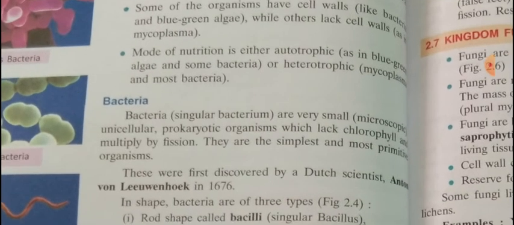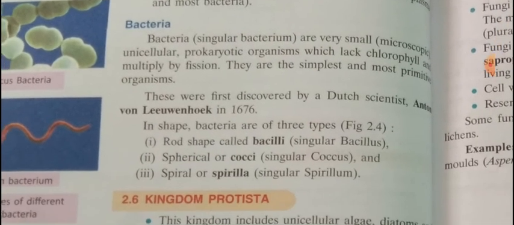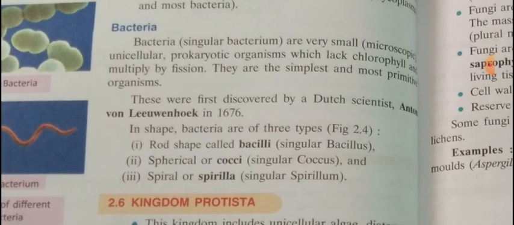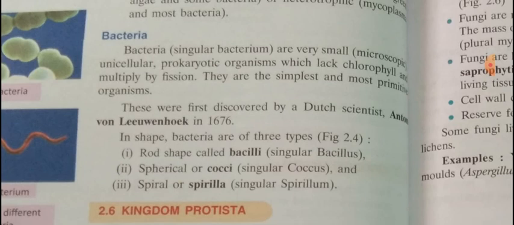Moving forward to bacteria. Bacteria, singularly known as bacterium, are very small unicellular prokaryotic organisms which lack chlorophyll, the green pigment, and they multiply by fission. They are the simplest and most primitive organisms.